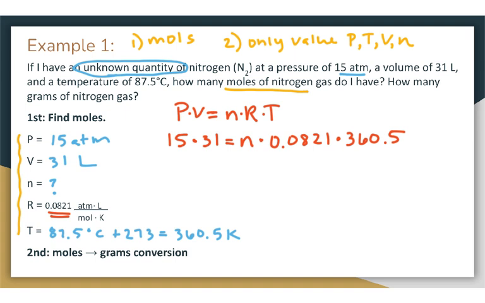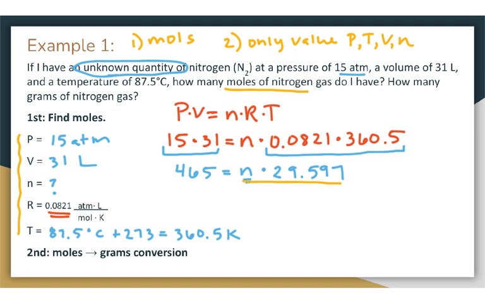And just like in the past, you can use whatever algebra you're comfortable with to solve this. I like to go through and multiply my values together. So I got 15 times 31, 465 equals N times, and I'm going to multiply my 0.0821 times 360.5 to get N times 29.597. I want to get N, number of moles, by itself.